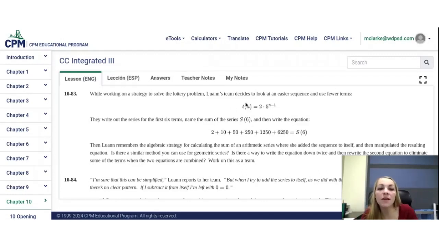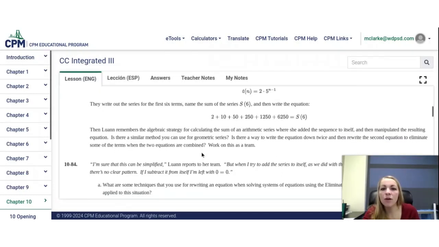So it looks like we have this sequence here where our first term is 2 and our multiplier is 5. So they write out the first 6 terms in the sequence, and they call it S6, meaning the sum of the 6 terms, and then write this equation here.